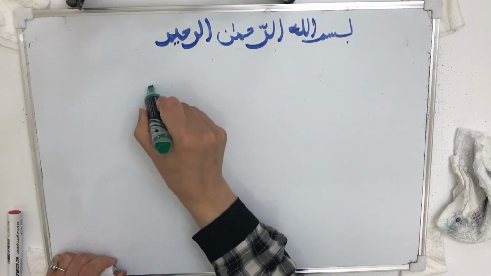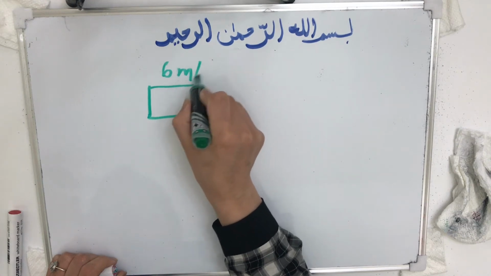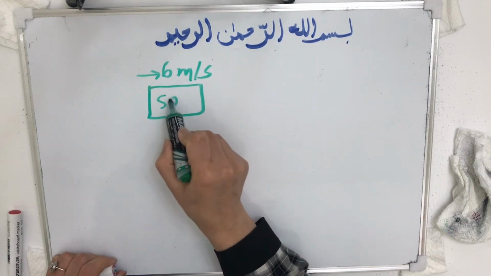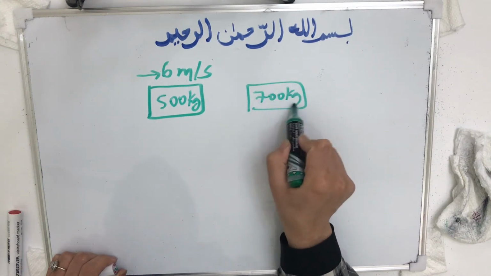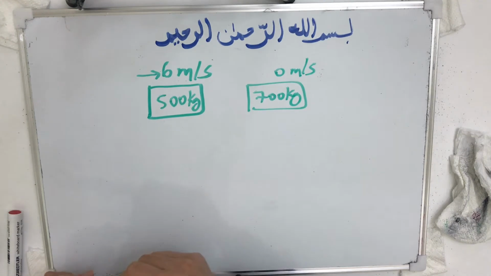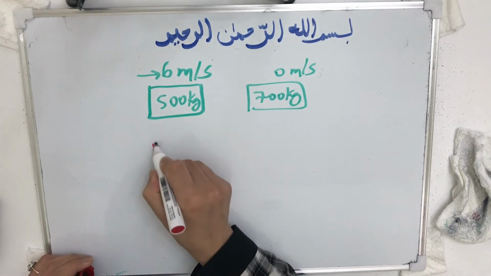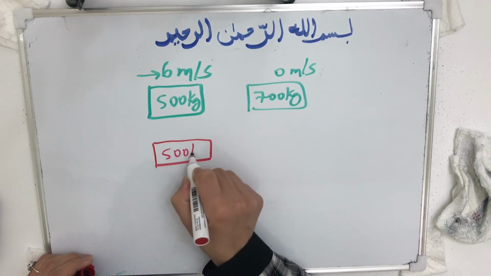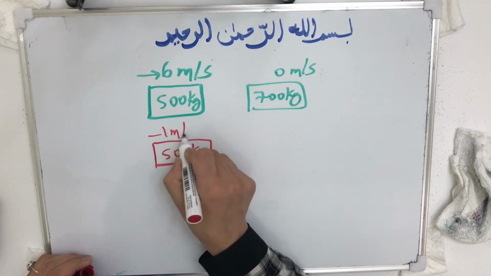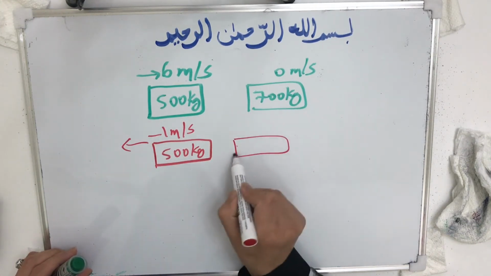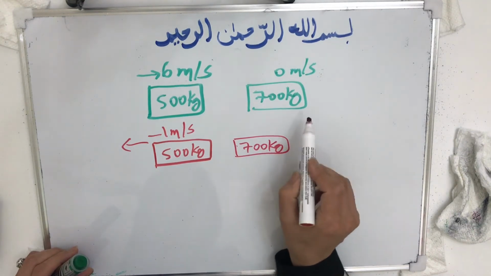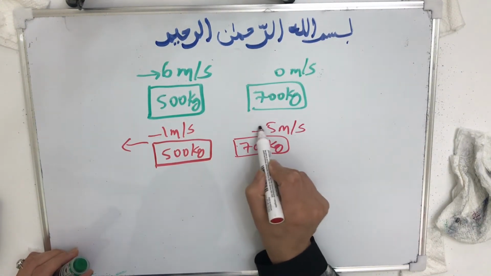Okay, so 6 meters per second, 500 kilograms, 700 kilograms, 0 meters per second, or usually they will tell you that it was at rest. Then 500 kilograms, minus 1 meter per second, and 700 kilograms, 5 meters per second.